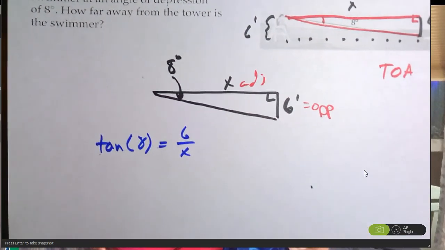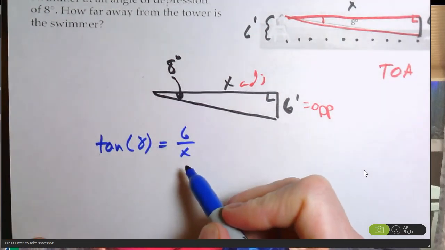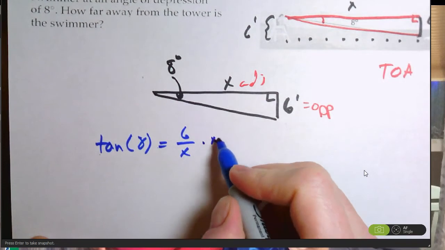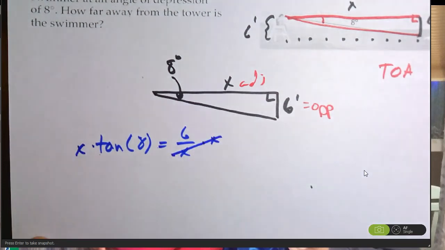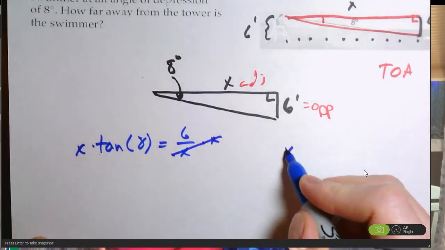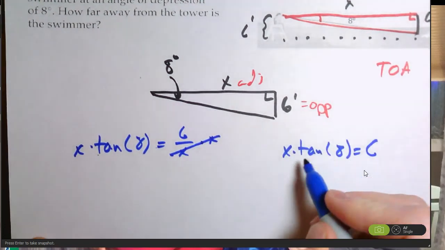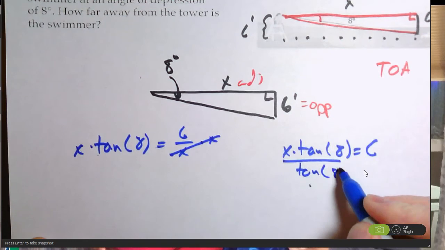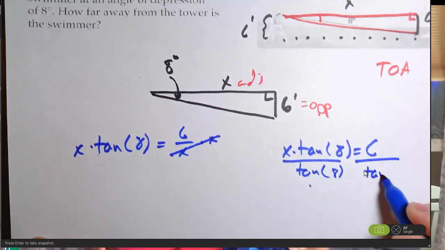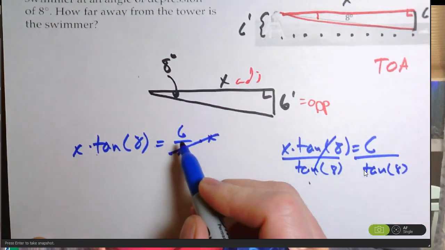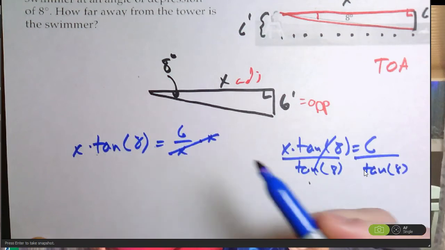Now this is the more complicated of the solving of any of them, whenever the variable's in the denominator. So what you have to do is multiply both sides by x first to cancel it off. And then you get x times the tangent of 8 equals 6, and then divide by the tangent of 8. Normally by this point, some of you guys just have caught that if this is in the bottom, I'm just going to divide by the tangent of 8, and that's fine.